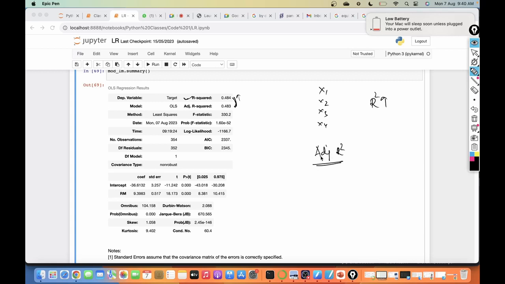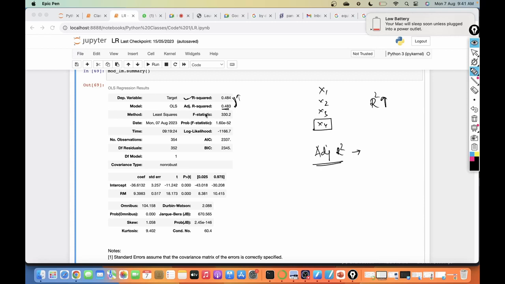What is adjusted r square? Adjusted r square tells you, if you have added one more independent variable into the data set, the r square will increase. But then you need to note whether adjusted r square has increased or not. If it is not, it means that variable is not a significant variable for the output.